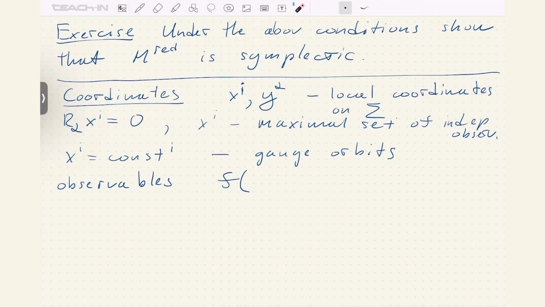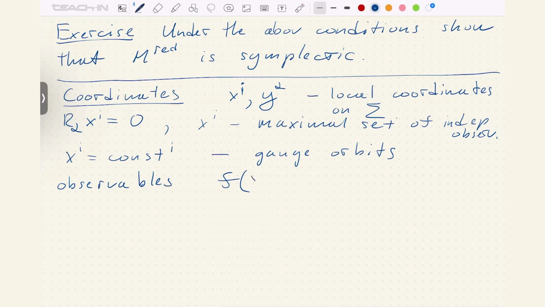Gauge generators, sometimes they are called. So what are observables in coordinate terms? Can one try to answer? They depend only on x? Yes.